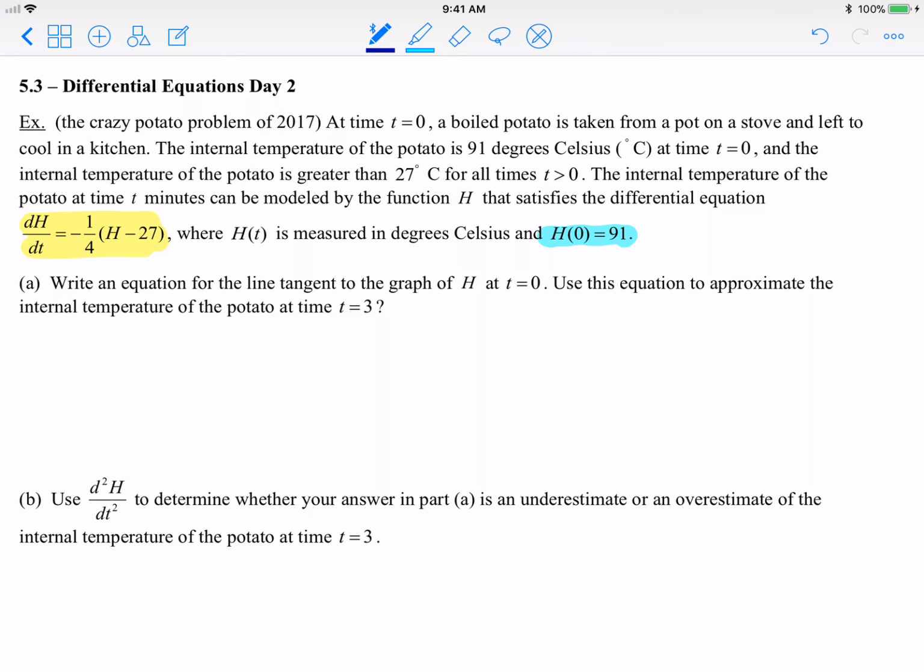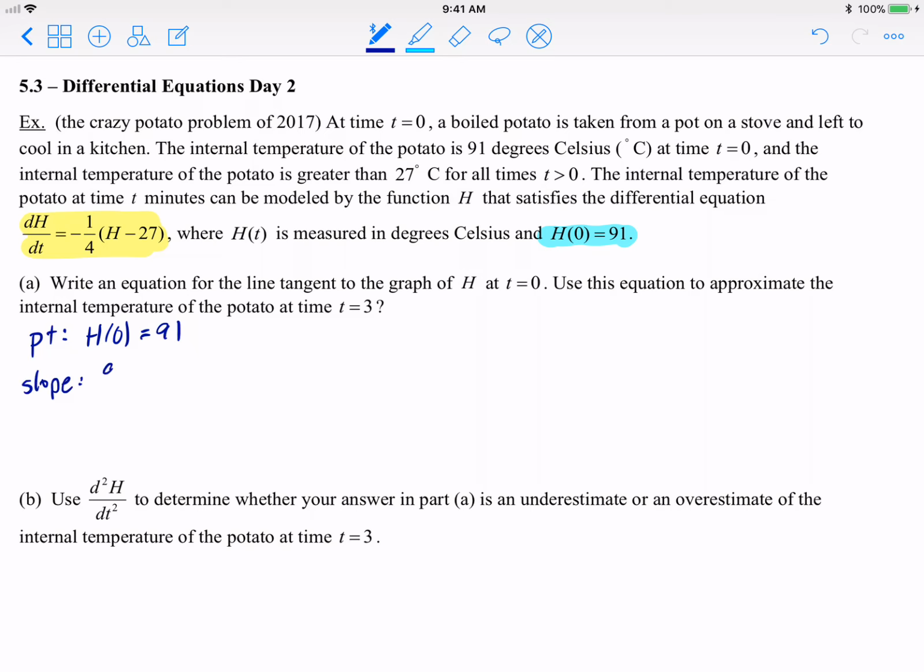Okay, so part A says write an equation for the line tangent to the graph of h at t equals 0. So I know that in order to do that, I need a point. And so my point is going to be h of 0, which they tell me is 91 by the initial condition. And then the other thing I need is a slope.